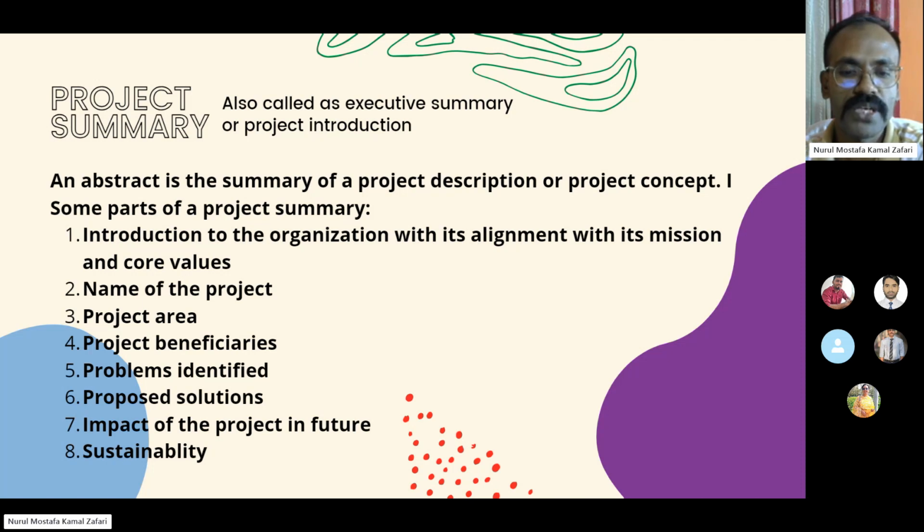And the impact of the project in future: how the project will impact the community by bringing change on the basis of the solutions offered to encounter the problems identified, and how the project will bring sustainable change in the community or project location, or in other areas.